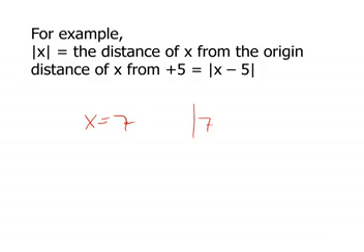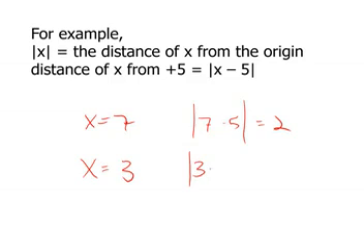Take the absolute value of 7 minus 5, that's the absolute value of 2, which is 2. If we go down to x equals 3, that's also a distance of 2 from 5. We plug in x equals 3, we get 3 minus 5, the absolute value of negative 2 is, of course, 2. And so in either case, it works. We're getting the distance from 5 on the number line.